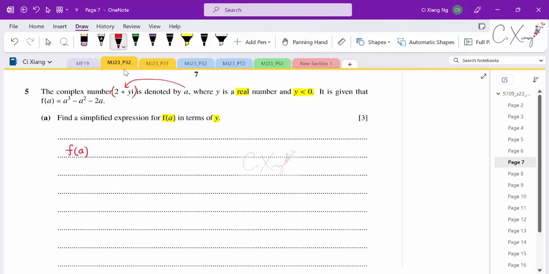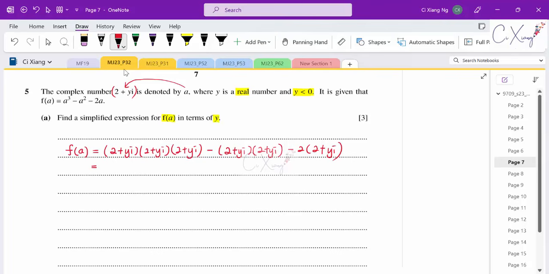So I have f(a) equals a power 3, which means I have 2 plus yi multiplied 3 times, multiplied together. Then minus a squared, which is 2 plus yi multiplied with 2 plus yi, and also minus 2a, so 2 plus yi again.